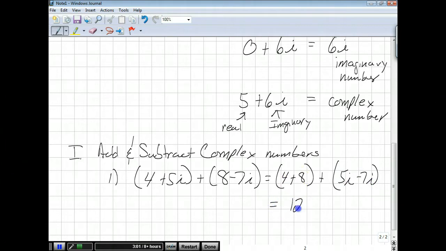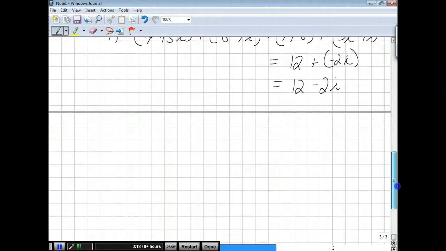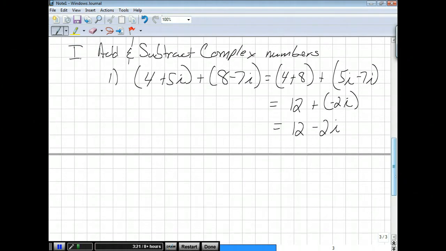So 4 plus 8 is 12, and 5i minus 7i is negative 2i. And so the most simplified form of that would be 12 minus 2i. So in other words, we just combine the real number part and we combine the imaginary part. And we end up with the complex number 12 minus 2i.